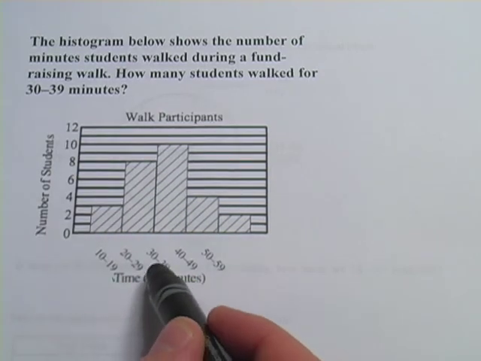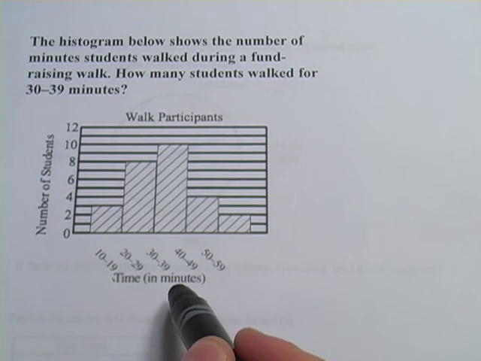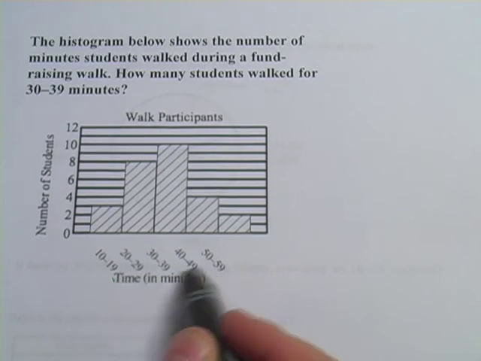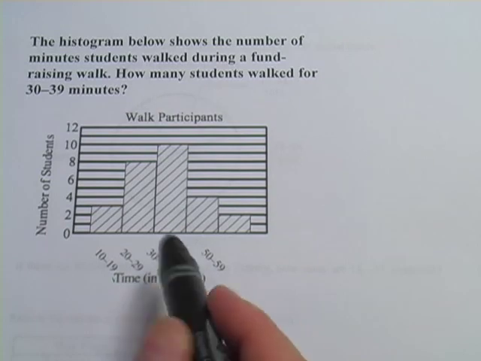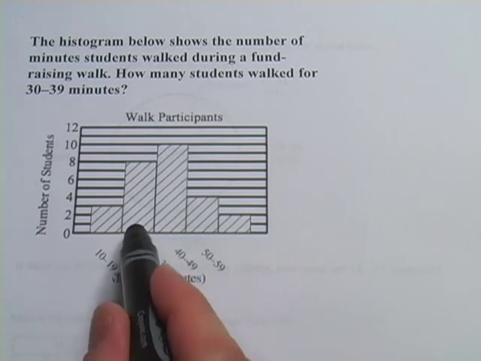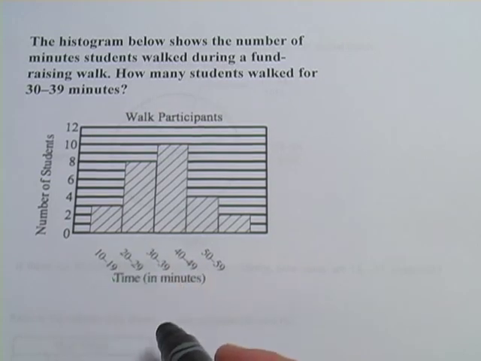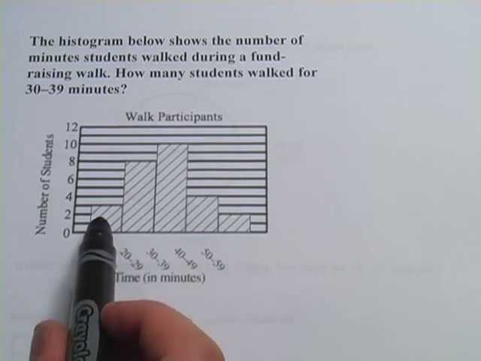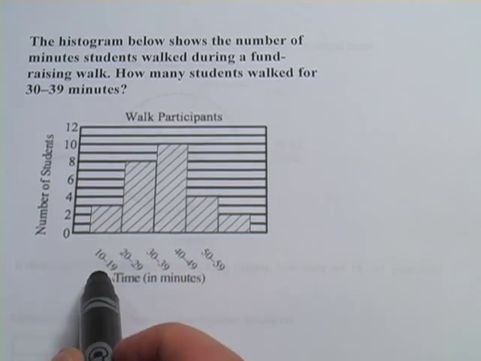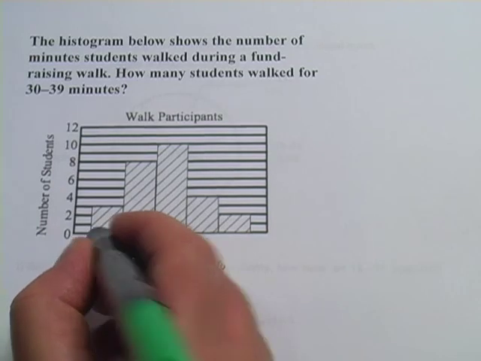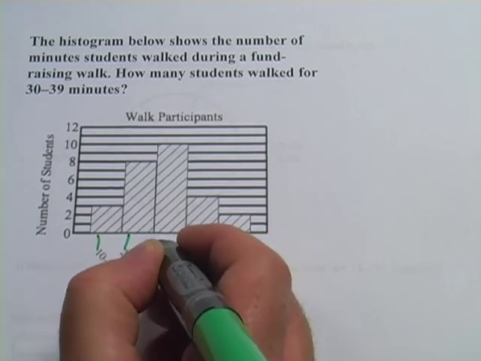So you want to find the 30 to 39 minutes, and actually the only tricky part about this one is making sure you've got this lined up right, because these numbers are written on a slant, so is it pointing to this one or is it pointing to that one? The way I would do that is maybe draw a line. I know the first one in the graph is going to be the first one on the legend, so I'm just going to attach these with lines.